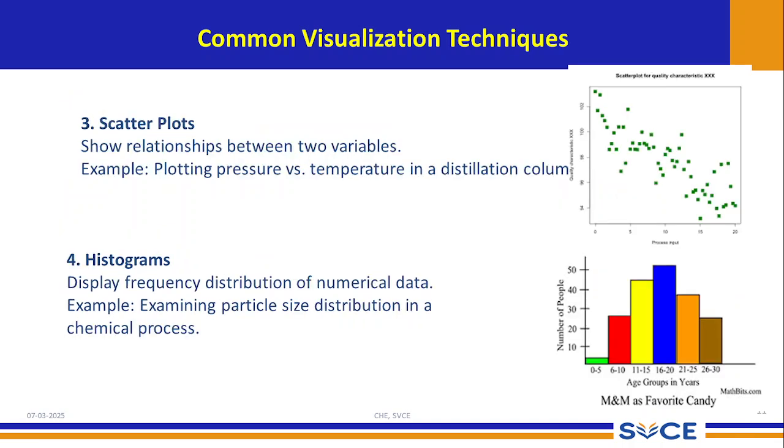And the next slide is scatter plots and histograms. I have shown the pattern to you over here. Usually in a scatter plot, they draw the predicted value against the actual value.